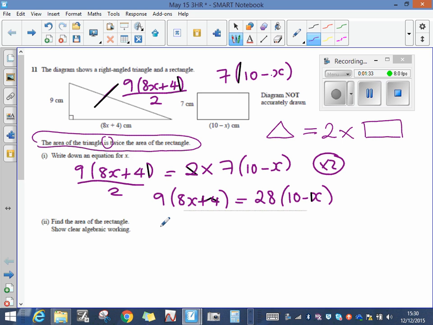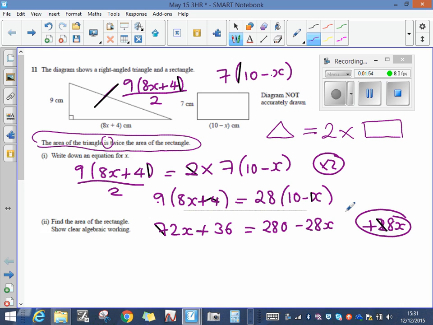So removing the brackets, 9 times 8, well, that's 72x, plus 9 times 4, well, that's 36, is equal to 28 times 10, well, that's 280, minus 28 times x, well, that's just 28x. I'm going to collect the x's on one side, and I'm going to do that by adding 28x onto both sides.